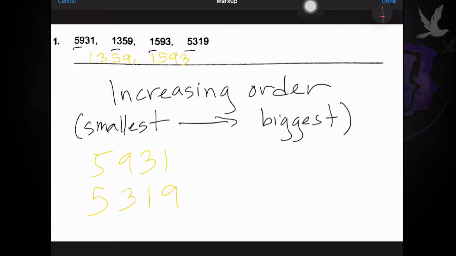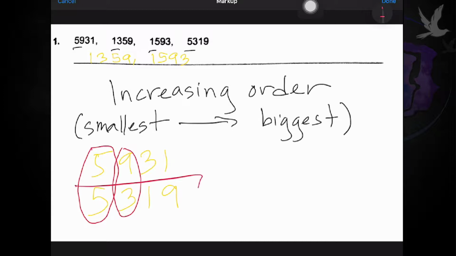Between 5931 and 5319, if you notice, the 5 and 5 are the same, but our digits here are no longer the same. Which is smaller, 9 or 3? Obviously, 3 is the smaller number.